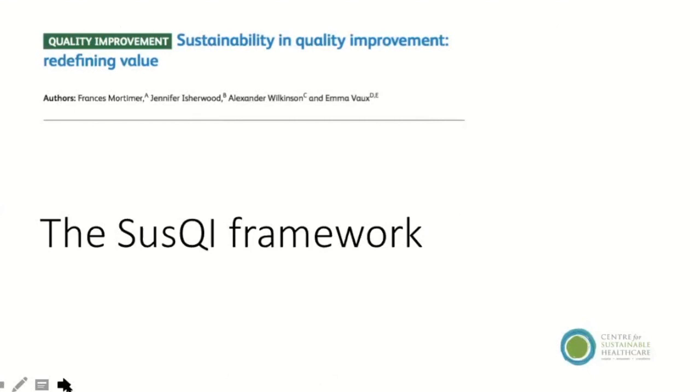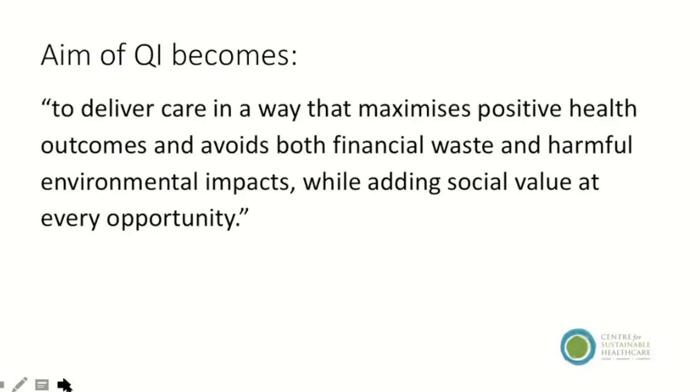This is an attempt to put together some guidance on how sustainability could be integrated into mainstream quality improvement methodology, rather than being treated as a separate thing. When you do that, it changes the aim of quality improvement to bring in this broader perspective.